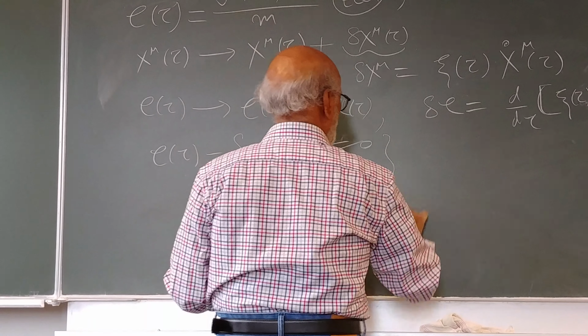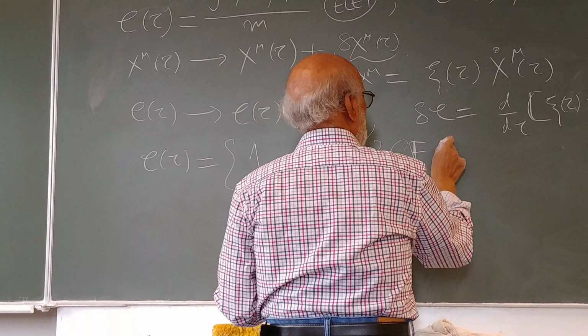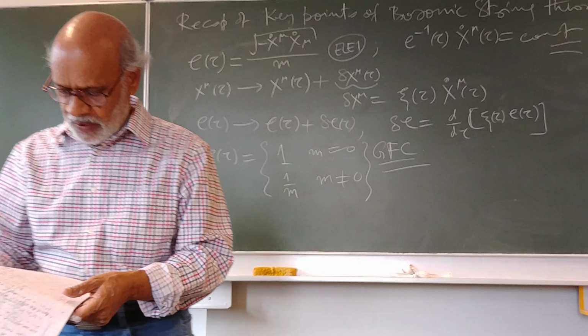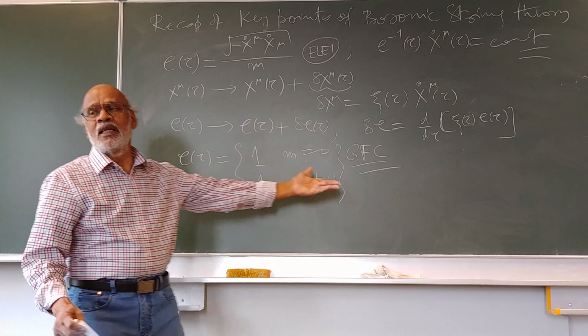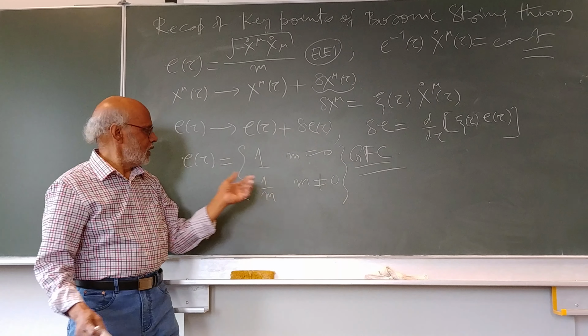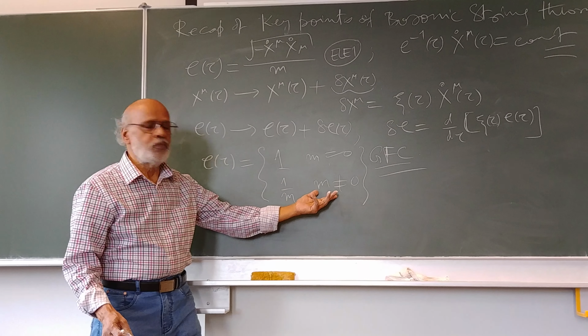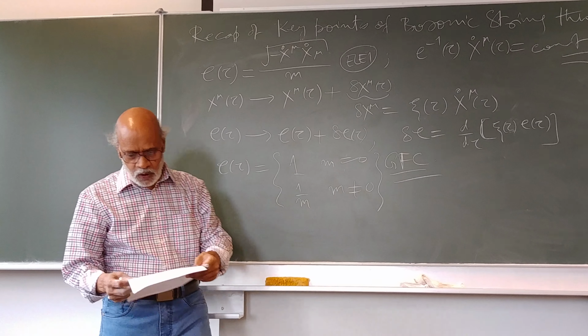This is called the gauge fixing condition. If the particle is massless, then you can fix e equals to 1. If the particle is massive, then e of tau is 1 by m.